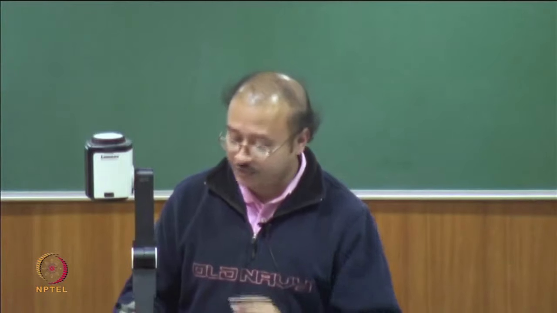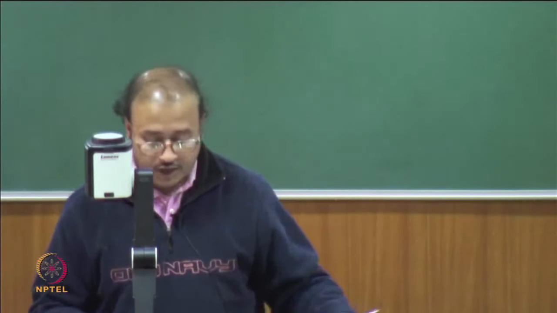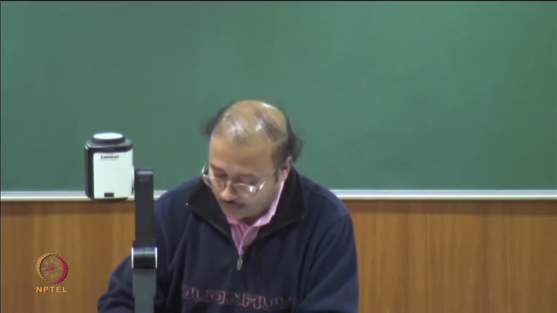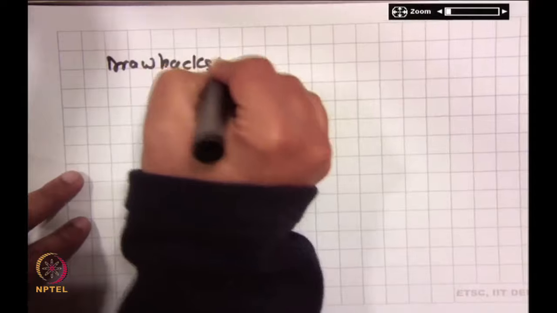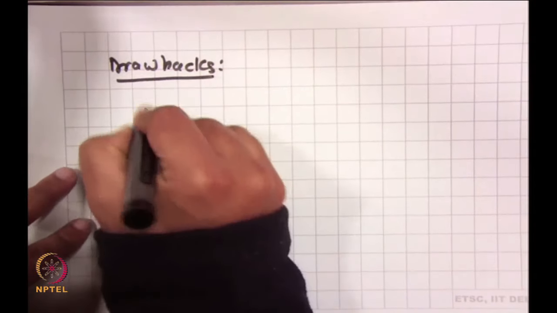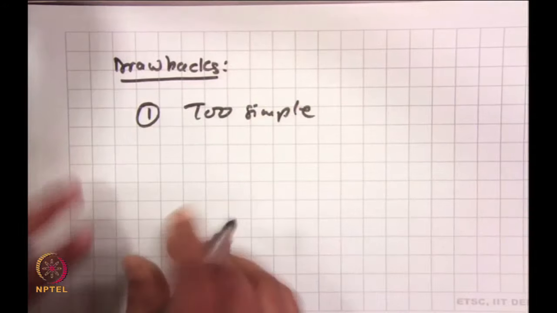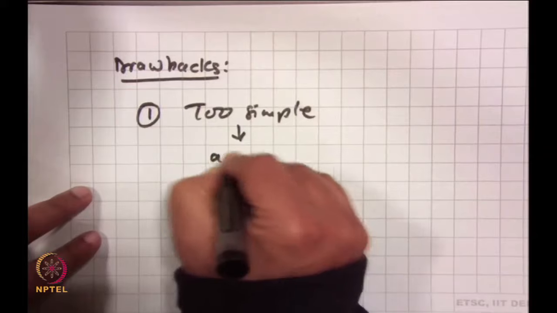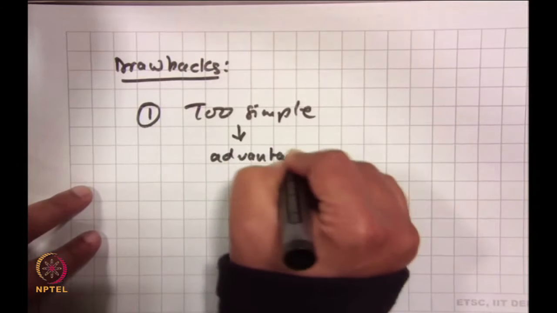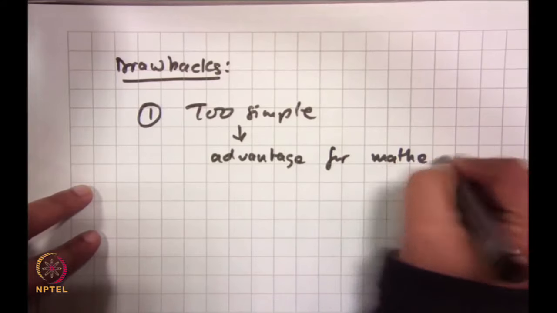Clear? So there is a hard sphere potential, but see the drawbacks of this hard sphere potential. Well, it is too simple. Obviously, the advantage is that it is good for mathematical calculations, because you can easily employ mathematical treatment with it.